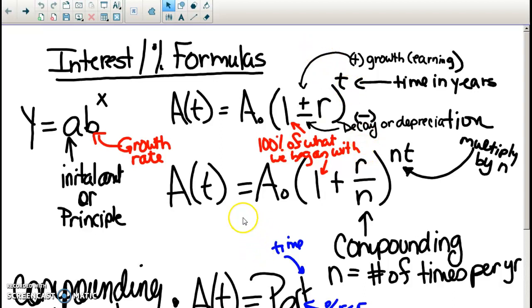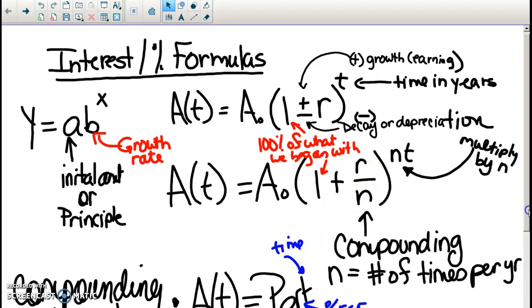Then we moved into, well, what happens if we compound monthly or quarterly? And that was when we now have 1 plus. Now, remember, when you're compounding, you're doing something more than once a year, so you're always going to be a plus. And this would be the number of times per year. And then we have to have the number of times per year up here as well.